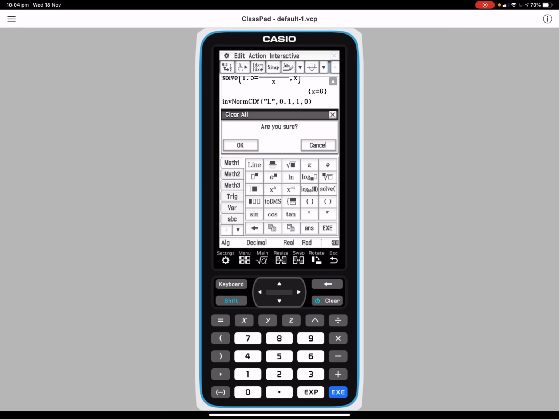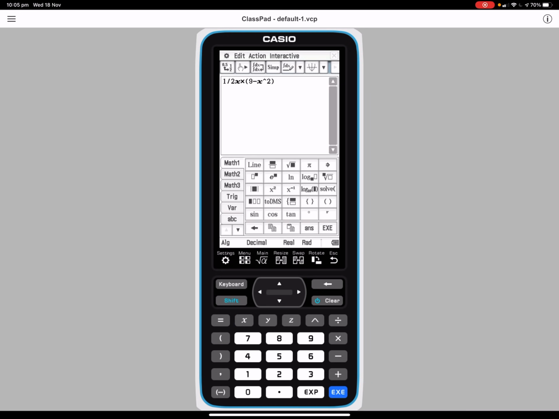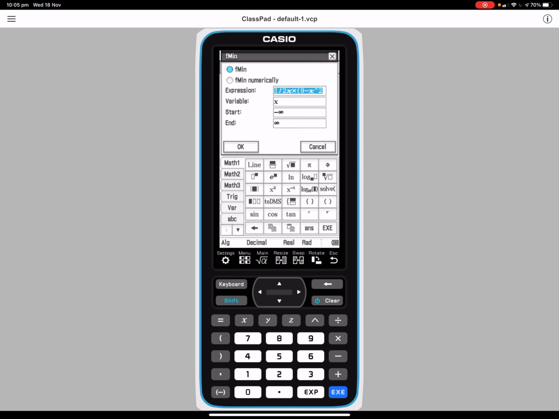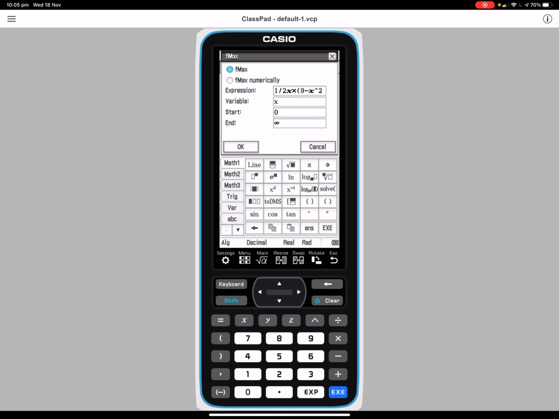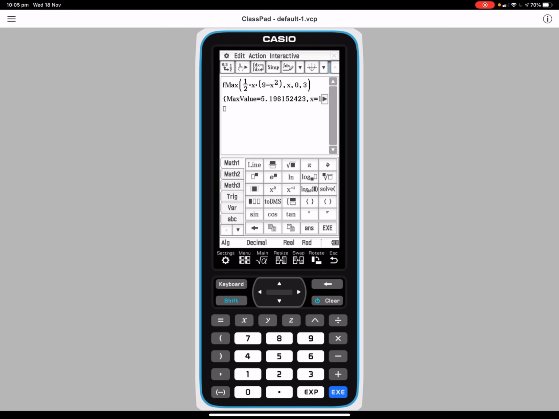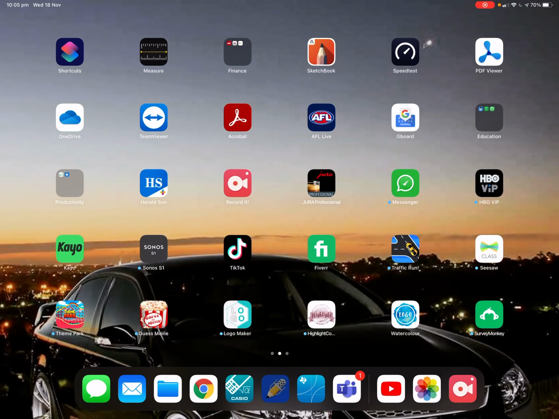So a half x 9 minus x squared. We want to find the maximum, not the minimum, between 0 and 3. 3 root 3 when x equals root 3.